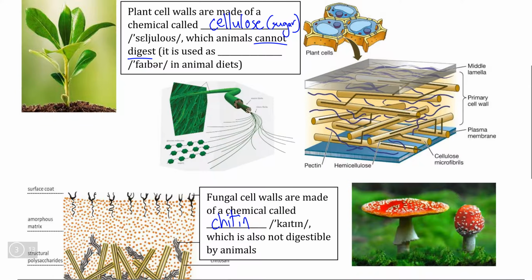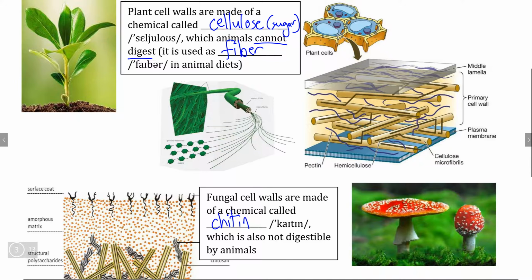Now, that doesn't mean that eating plant cells or fungal cells is useless, far from it, because both cellulose and chitin serve as dietary fiber, which basically means that both of these cell wall structures will go through the human digestive system, and because they can't be broken down, they will push all of the undigested food out of the digestive system, allowing our digestive systems to become cleaner as a result of eating them.